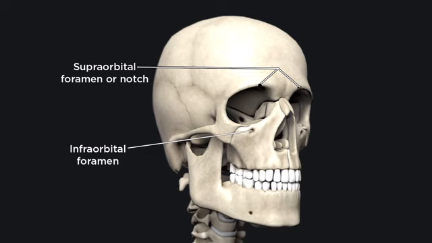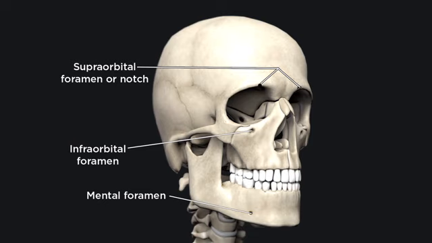Also, in vertical alignment with those are a pair of mental foramina in the mandible. This series of three bilateral openings transmits three paired branches of the fifth cranial nerve called the trigeminal nerve and their corresponding veins and arteries. Now, these nerves are responsible for sensations from the facial skin.